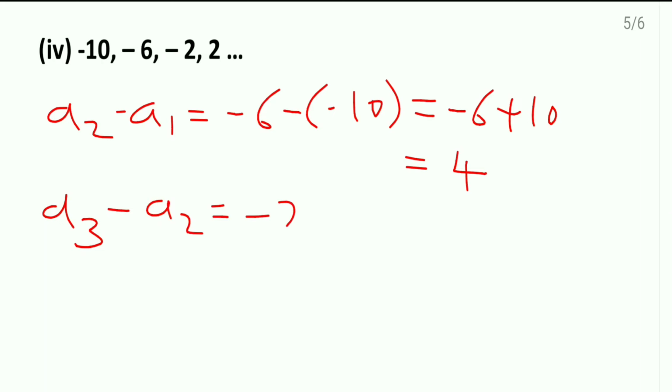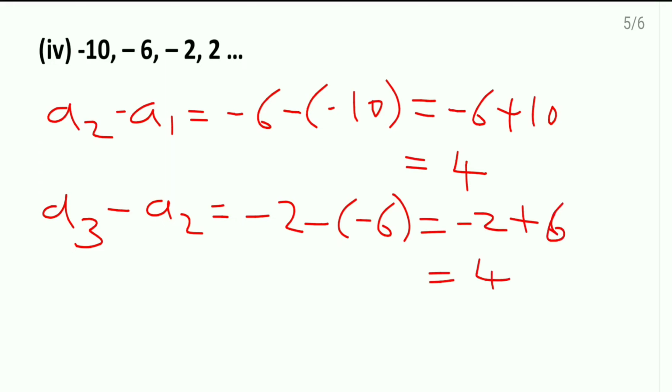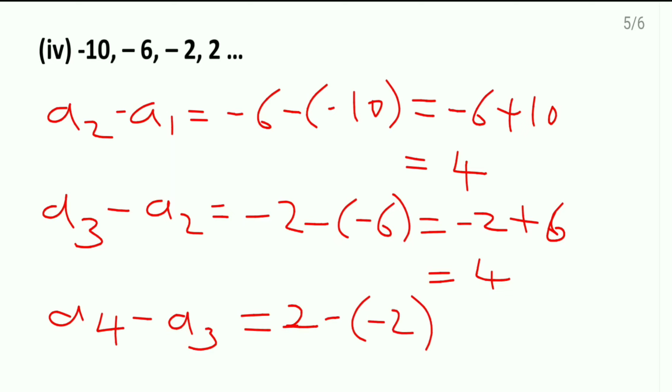A3 is minus 2 minus minus 6. So we are getting minus 2 plus 6, nothing but 4. Right. Now here A4 minus A3. It is 2 minus minus 2. See here, 2 plus 2 is nothing but 4.